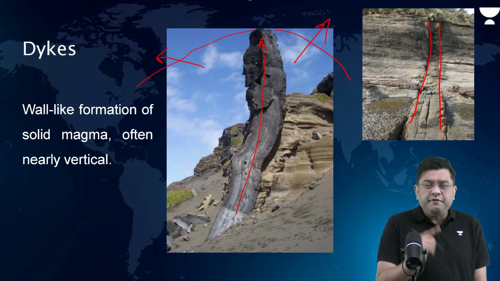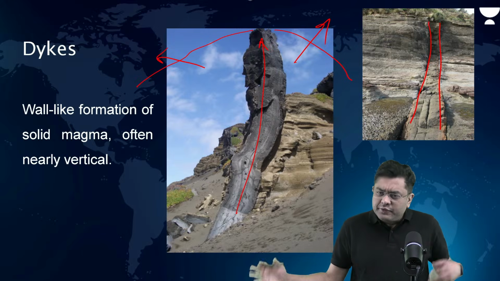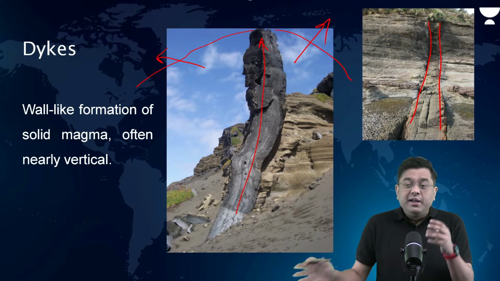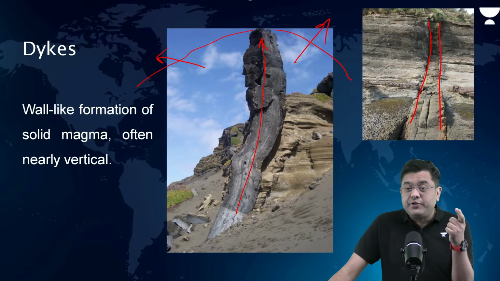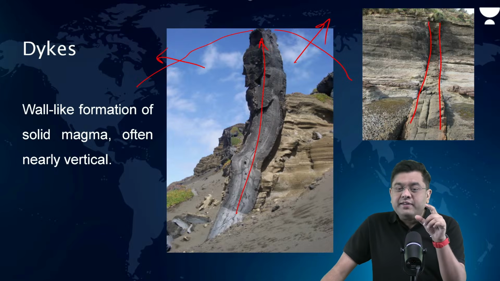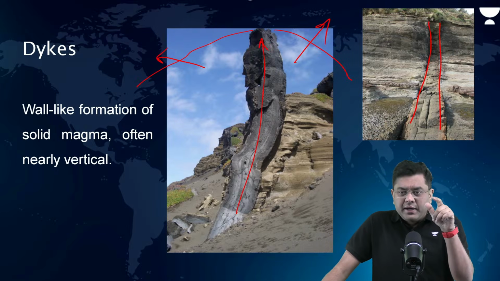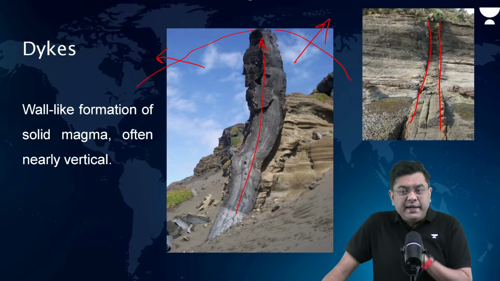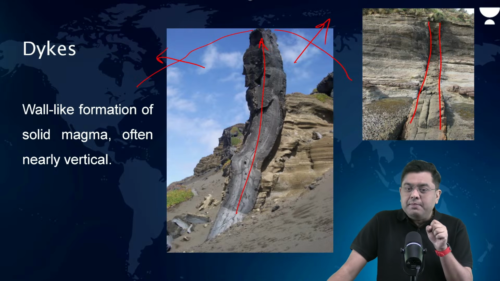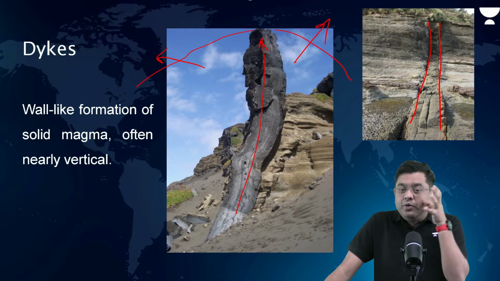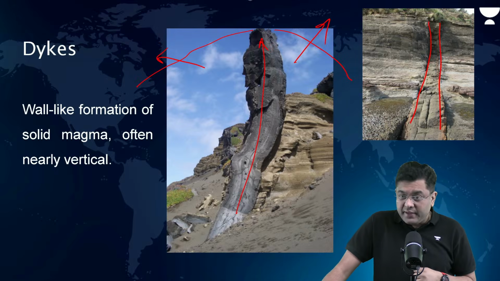These are very, very rich in minerals because they experience such high pressure that crystallization does tend to happen. For example, diamonds are extracted from the ore that is kimberlite. Now, much of that kimberlite is to be found in these kinds of dikes.